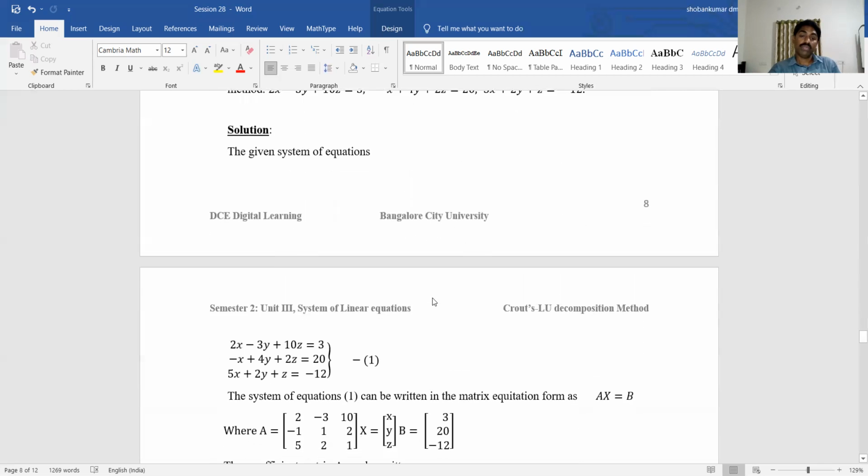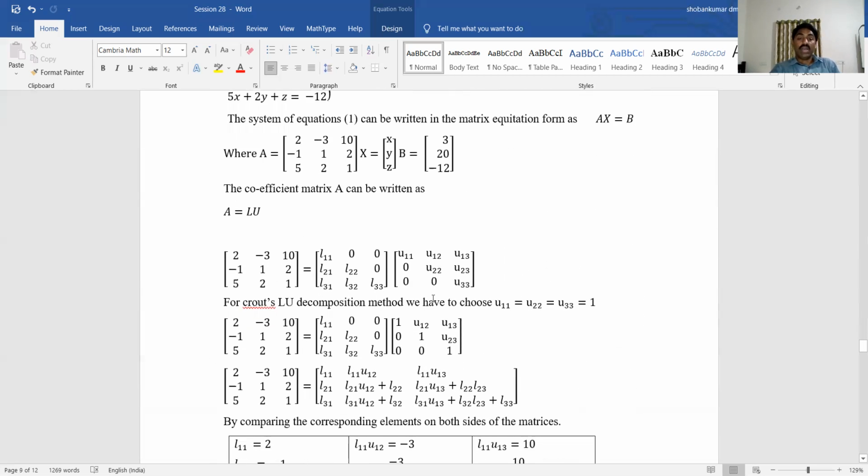Okay, I hope you understand how to solve a system of linear equations by using Crout's LU decomposition method. It is very simple. First, note the coefficient matrix from the given system of equations and decompose it into the product of a lower triangular matrix and an upper triangular matrix. In Crout's LU decomposition method, in the upper triangular matrix we choose Uii equal to 1.